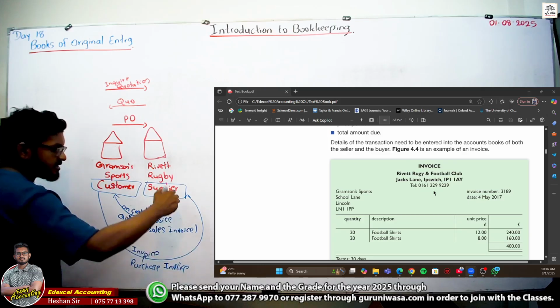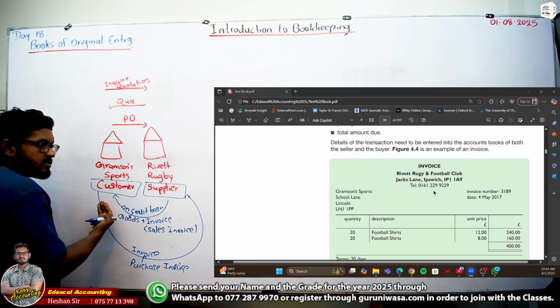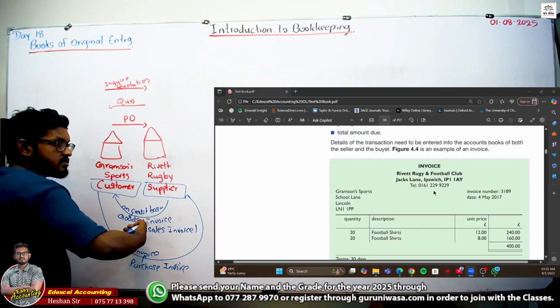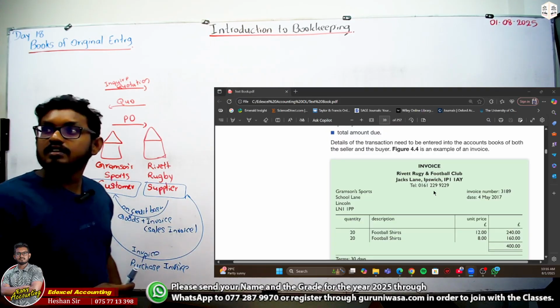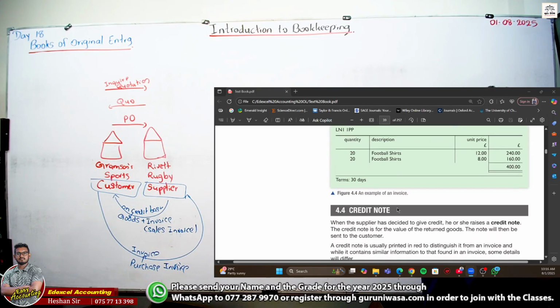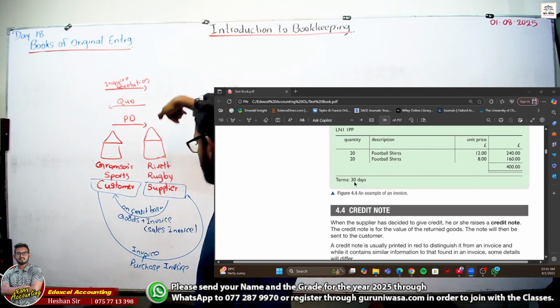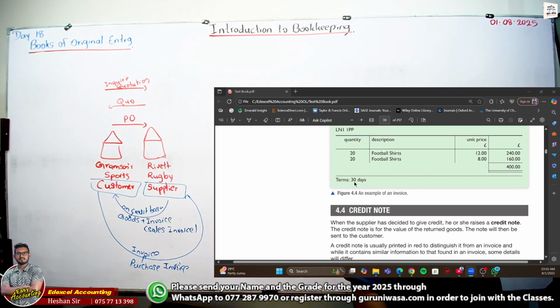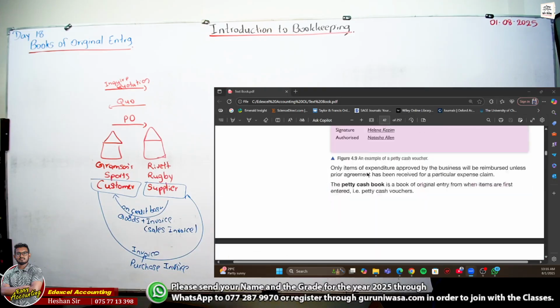Now the supplier is sending the goods, saying, I'm giving this much quantity as per your purchase order, and you will settle the price within days. You can see here Revert Rugby is giving terms of 30 days. Within 30 days, Gramson Sports needs to pay the money. Hope it's clear to you.